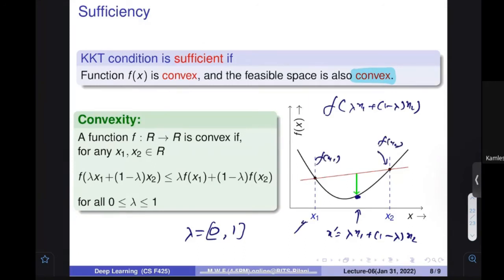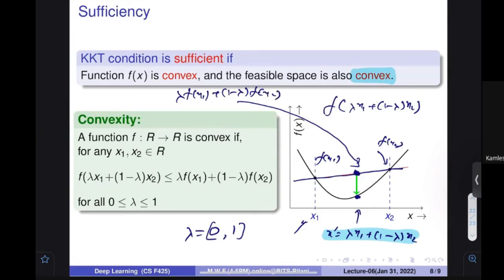In the same ratio, if I draw a line joining these 2 points and want to measure this line, I can do the same kind of scaling: lambda times f(x1) plus (1 minus lambda) times f(x2).